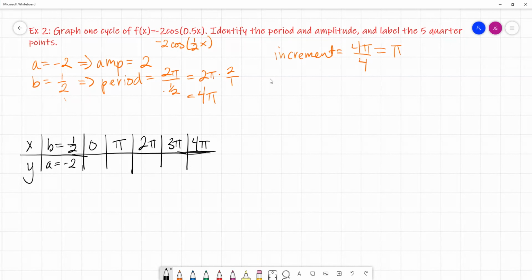My original ones are 1, 0, -1, 0, 1. So multiplying those by -2, I get -2, 0, 2, 0, -2. Okay, so then now I can graph.